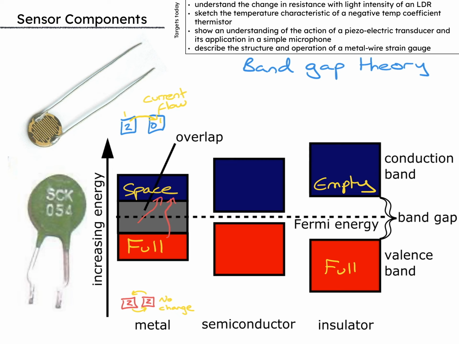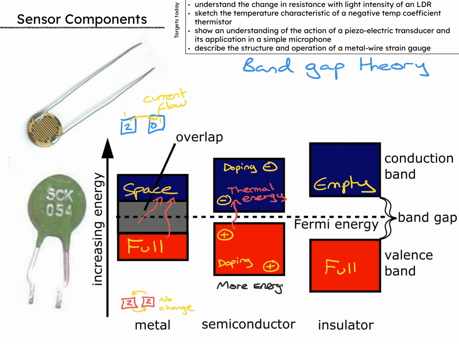Semiconductors have a small band gap. Normal things like room temperature might provide enough energy for some electrons to jump across the gap and provide a flow of charge. Or we could use doping to provide exactly the number of electrons in the conduction band that we want. The important thing for us here is that providing energy increases conductivity.